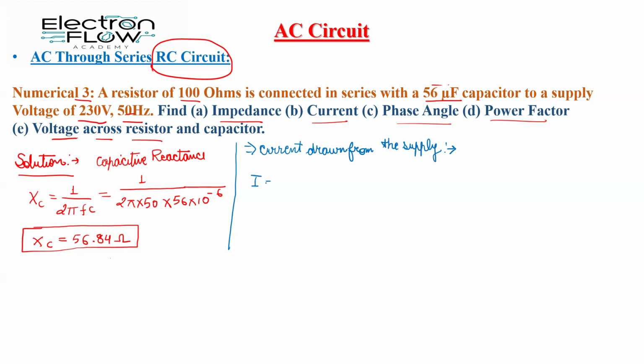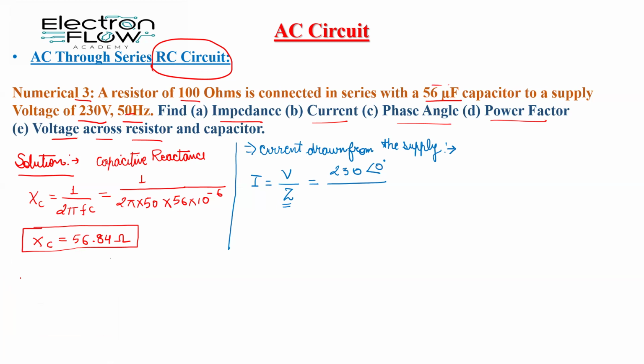We know the formula for the current is I equal to V divided by Z. Here the voltage is given to us as 230 volt, and we need the value of the impedance Z. If I write the voltage in polar form, I get 230 at an angle of 0 degree. So in order to calculate the current, I need the value of the impedance in polar form.